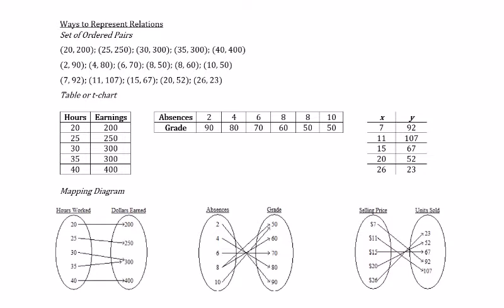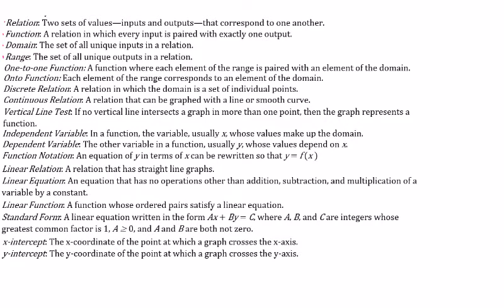All right, so we're talking about functions and relations in this chapter, right? And so I'll go back to this just for those foundational ones. So a relation is where you have two sets of values, inputs and outputs, and those inputs and outputs relate in a certain type of way or correspond in a certain type of way, right?